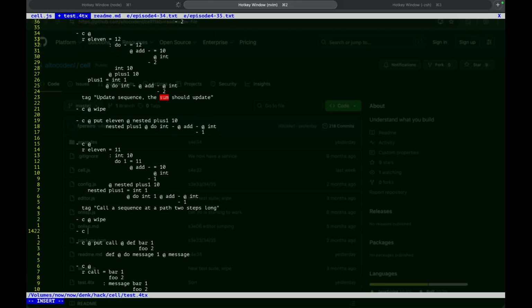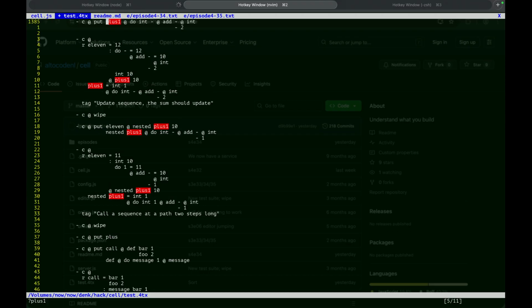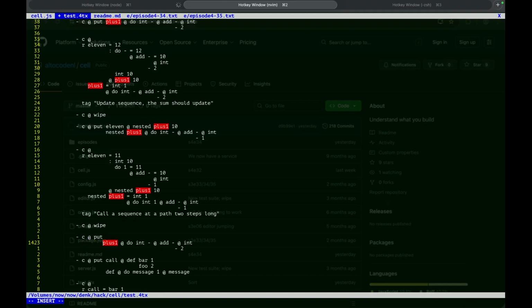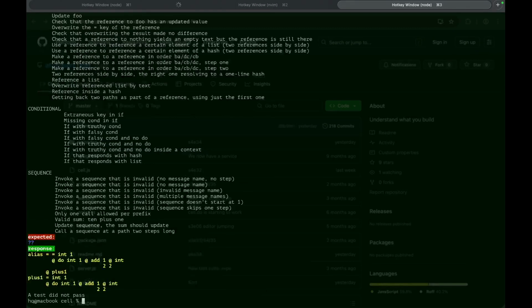It will be C put this, and I will do alias +1, and then the result would be, yeah, that makes perfect sense actually.